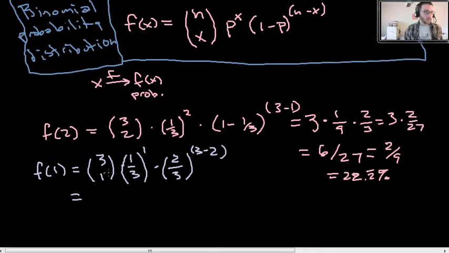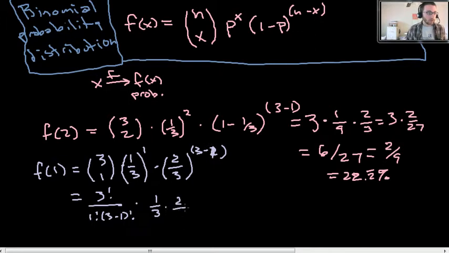This turns into 3 factorial divided by 1 factorial times 3 minus 1 factorial, times 1/3. Oh, sorry, this should be 1 here. That's a mistake. Times 2/3 squared.